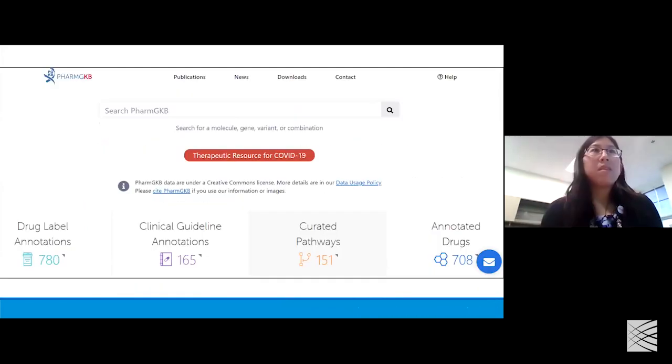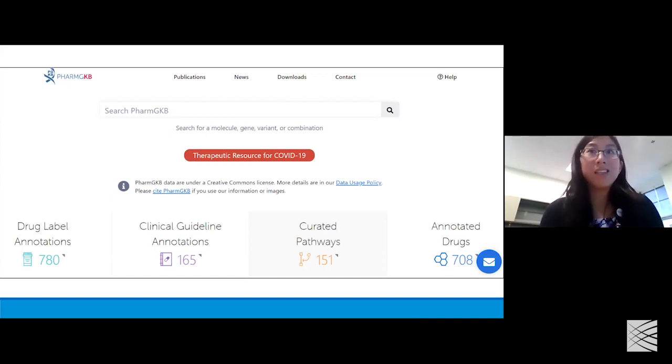Okay. And then the final resource I wanted to discuss here is PharmGKB, which is an online resource that you can access. I should have put the link there. But it basically is a team that collects, curates, and disseminates information about the body of knowledge on various drug responses. They have drug label annotations from the FDA and other medicine agencies.